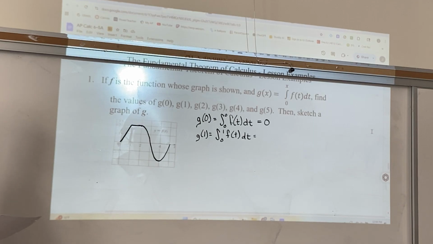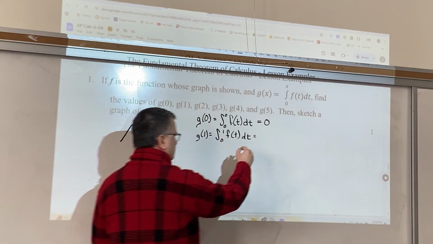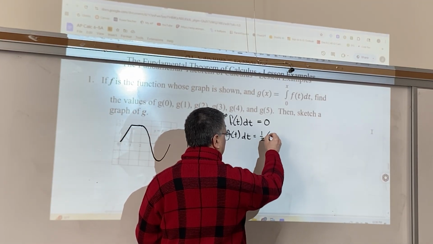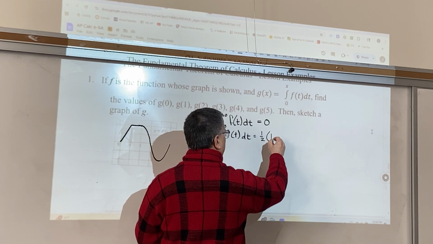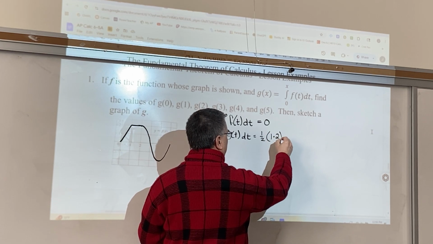Does anybody have an idea what that is? 2. Not 2. 1. Right. Yeah, 1/2 of 2, because I'm going to have 1/2 base times height, because it's a triangle, and the base is 1.